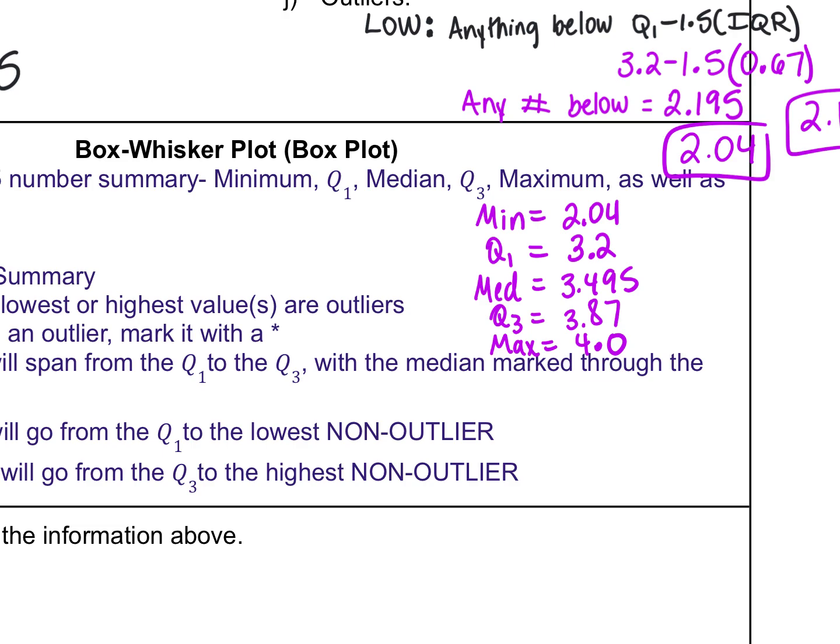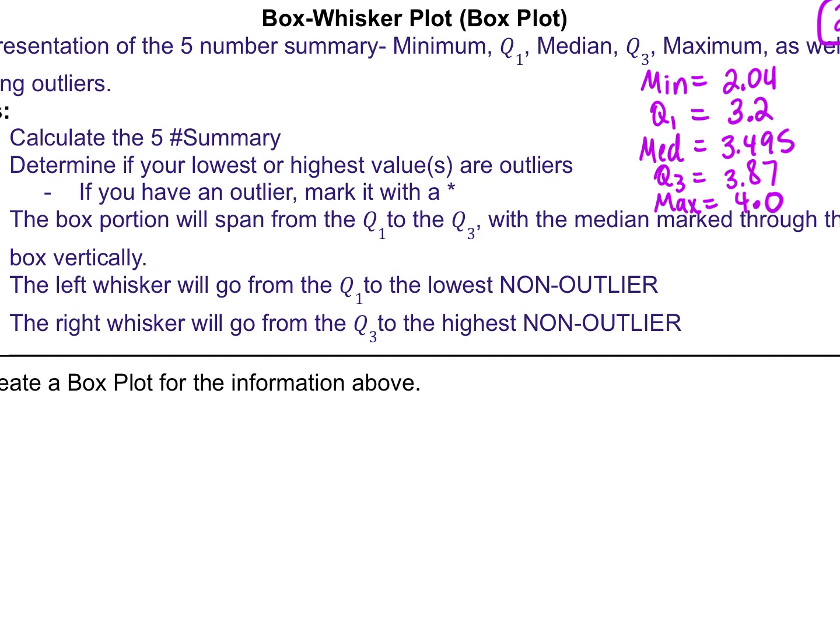Okay. So the next thing we've got to do is make our number line or our scale, just like we did for the dot plots. If I look, my lowest point to highest point, I'm going from 2.04 to 4. What would it make sense to go up by on my number line? Would you go up by 5s, 10s, 20s? Where would you start?